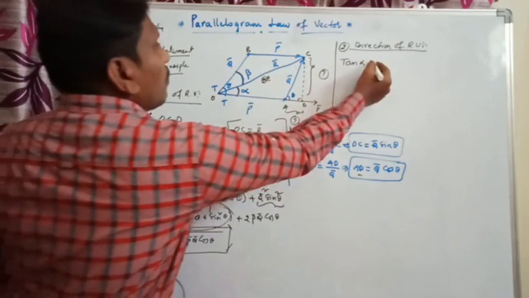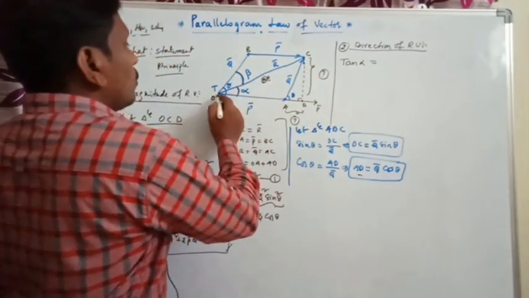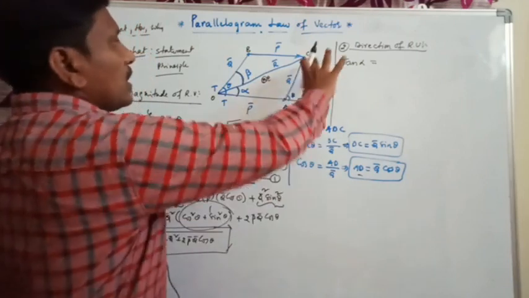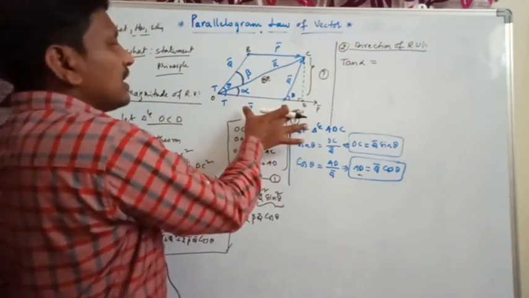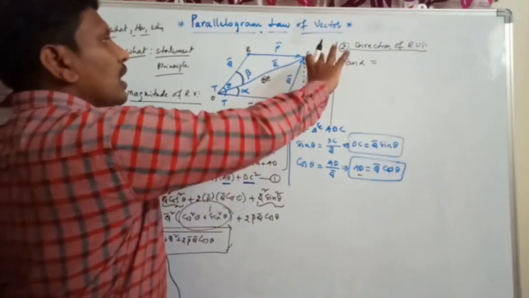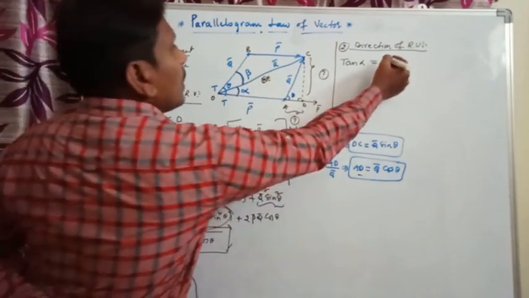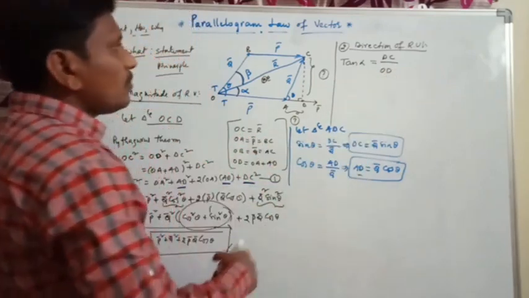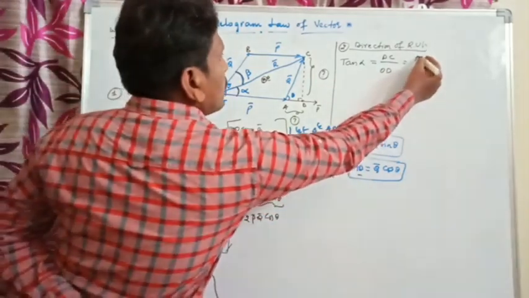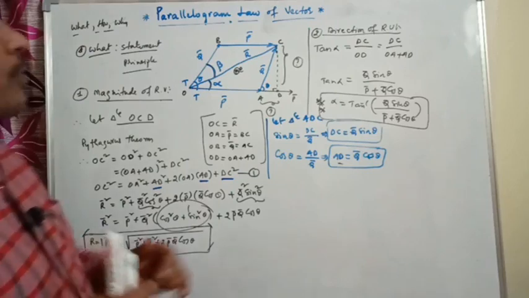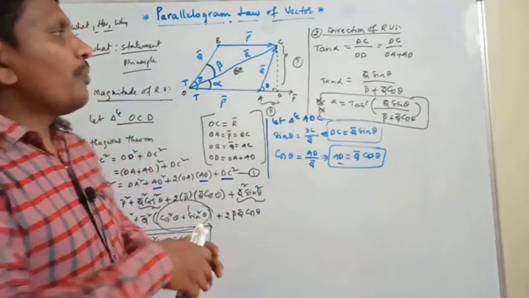So tan alpha is equal to what? Take this triangle OCD. Again, this is opposite side by adjacent, because tan always gives opposite by adjacent. That is DC by OD, so tan alpha equals DC by OD.